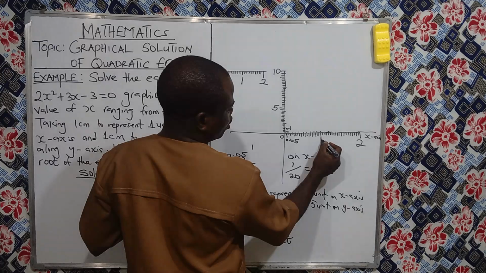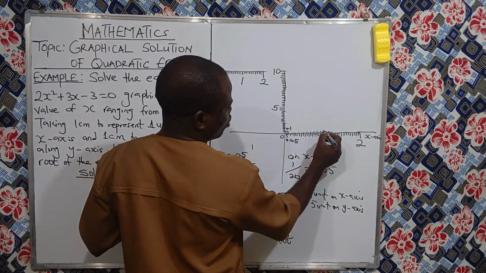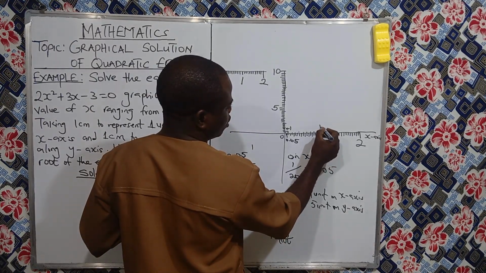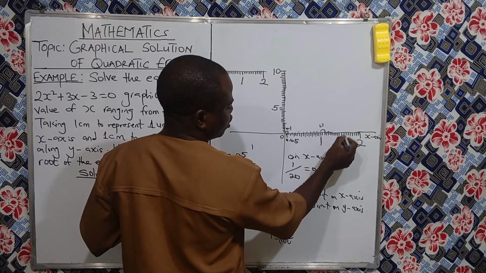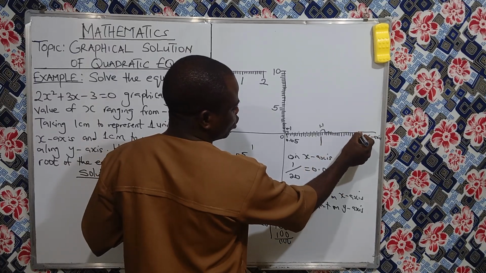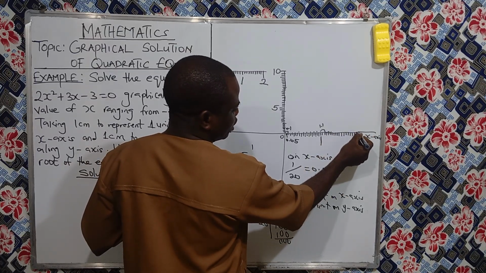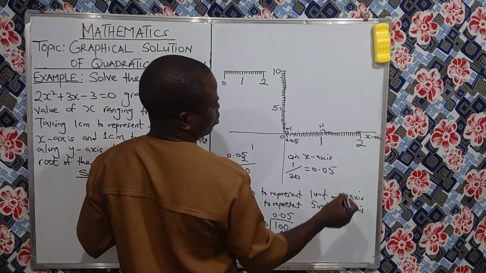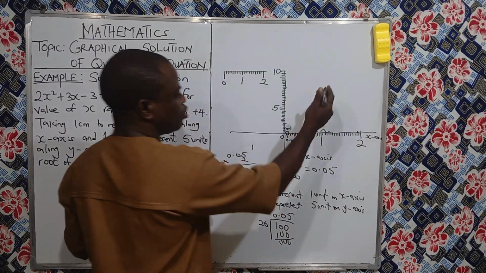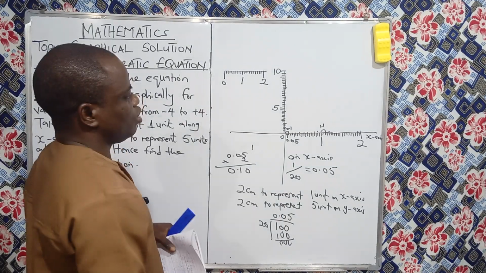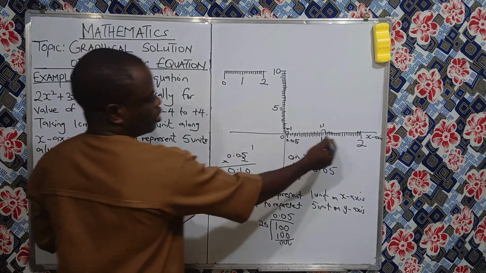Now, if you want to get what is here, count two boxes: 1.1, 1.2, 1.3, like that, until you get to 1.9 and 2, followed by 2.1, so that you know how to read your graph.